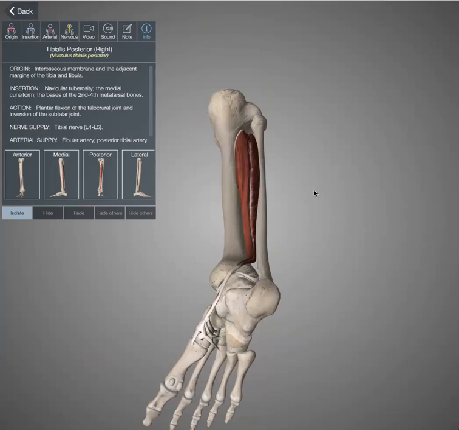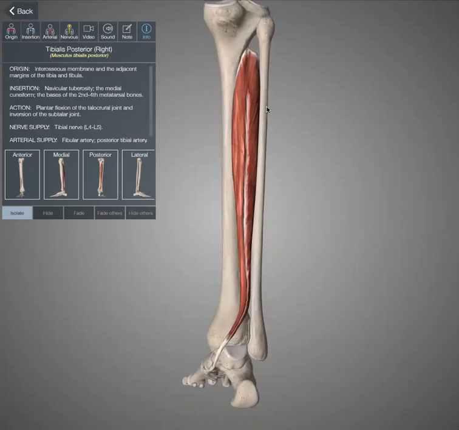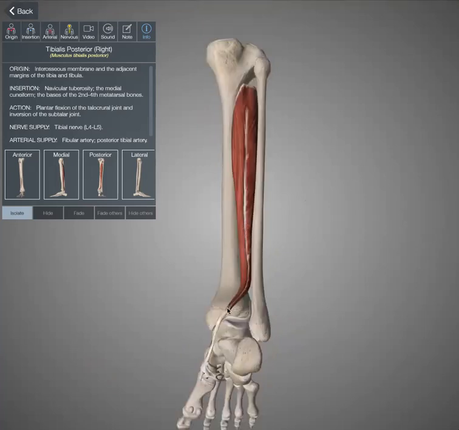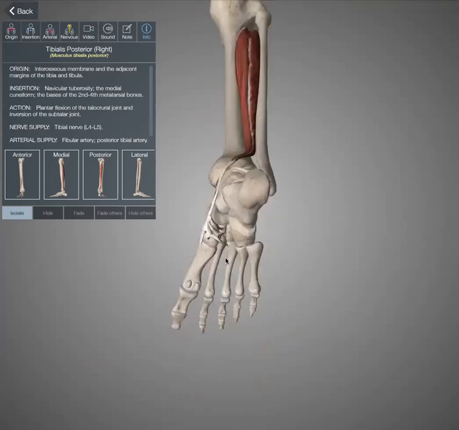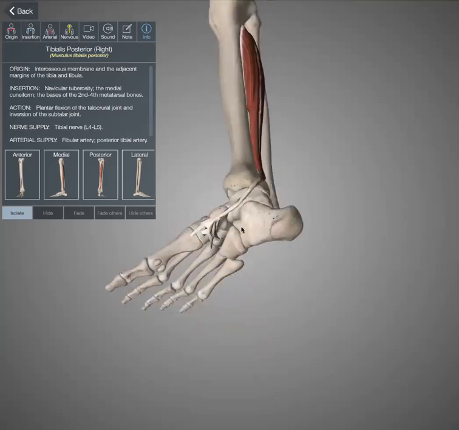It originates from the posterior surface and the interosseous membrane of tibia and fibula. Here. Tendon enters the foot posterior to the medial malleolus, as you see. Okay? And then attaches to the medial tarsal bones. Here. These ones.